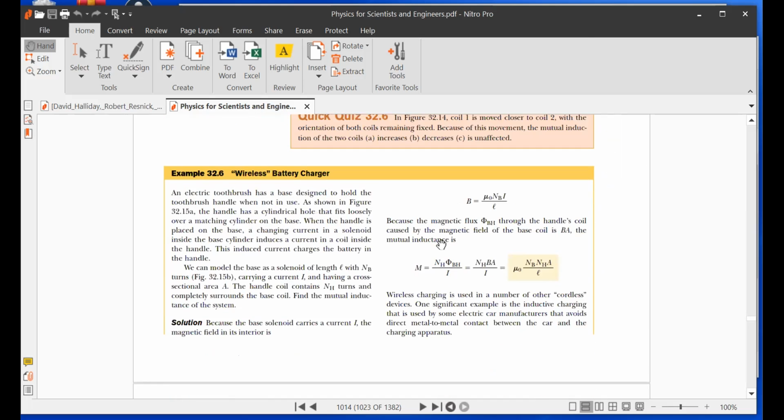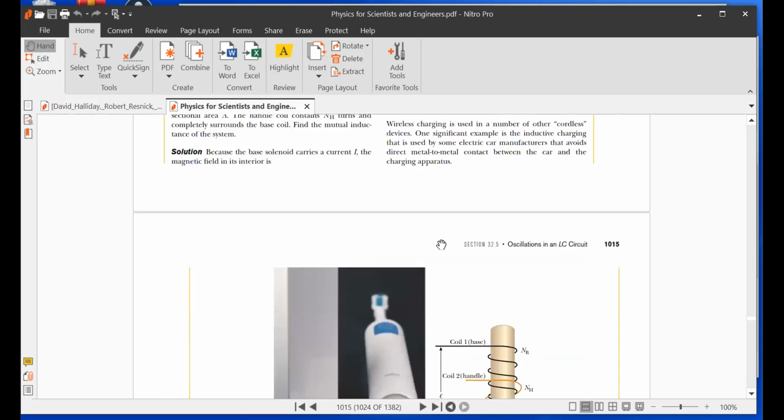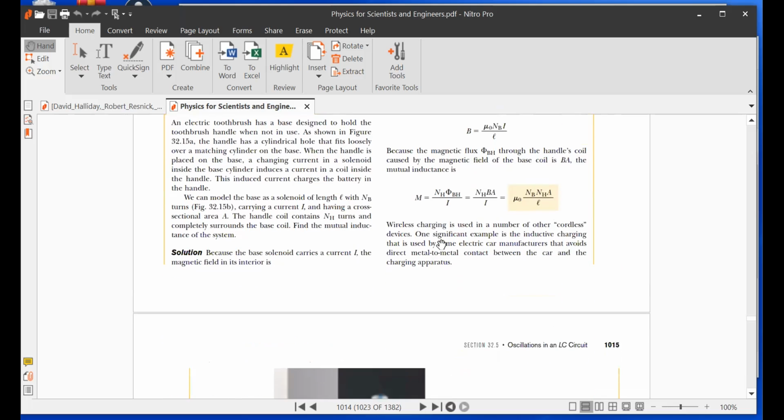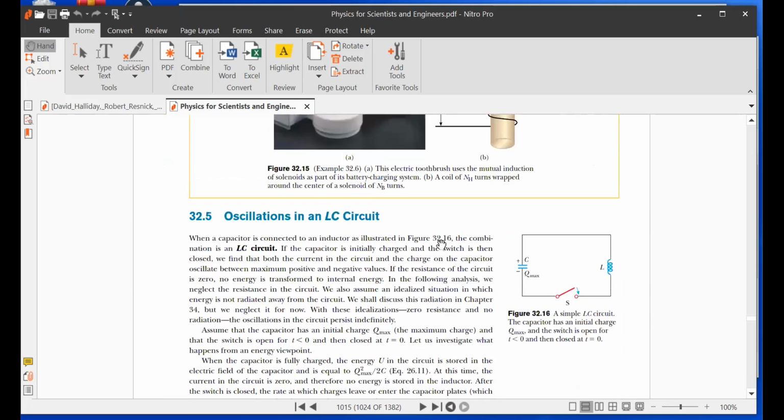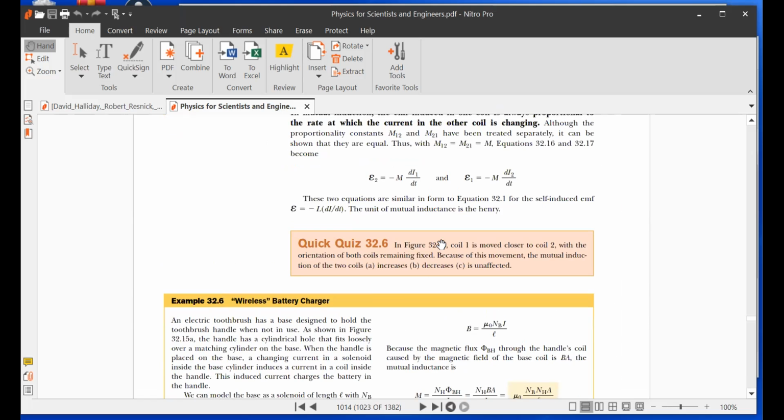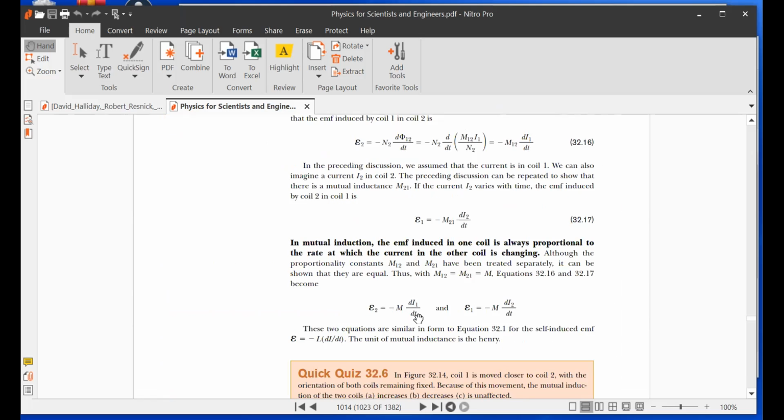If this is the case, then we get epsilon 2 equal to minus M dI1 over dt, and epsilon 1 is minus M dI2 over dt.